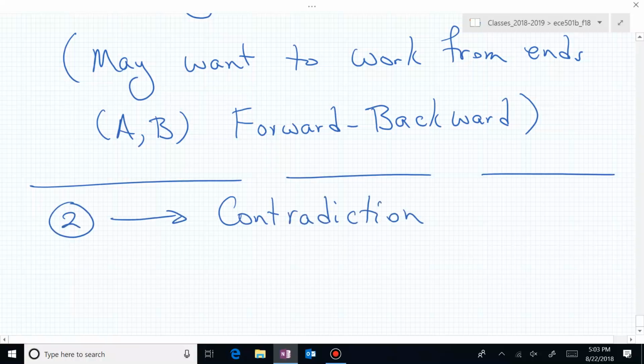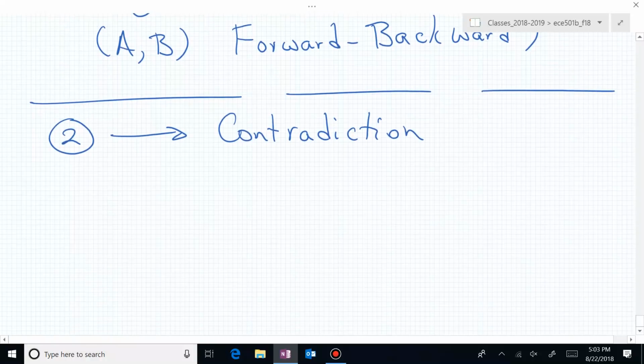A second proof strategy is a proof by contradiction. Here, again, we start with the first part, the hypothesis. We start with A, but now we do a little bit of a twist.